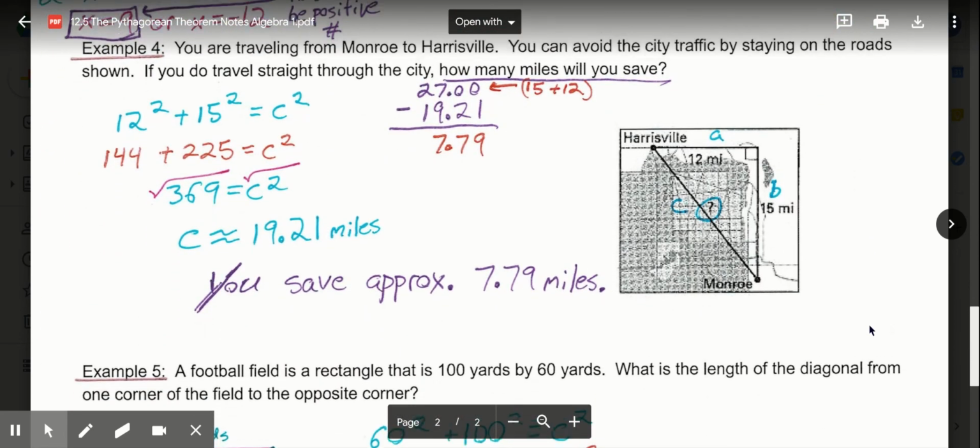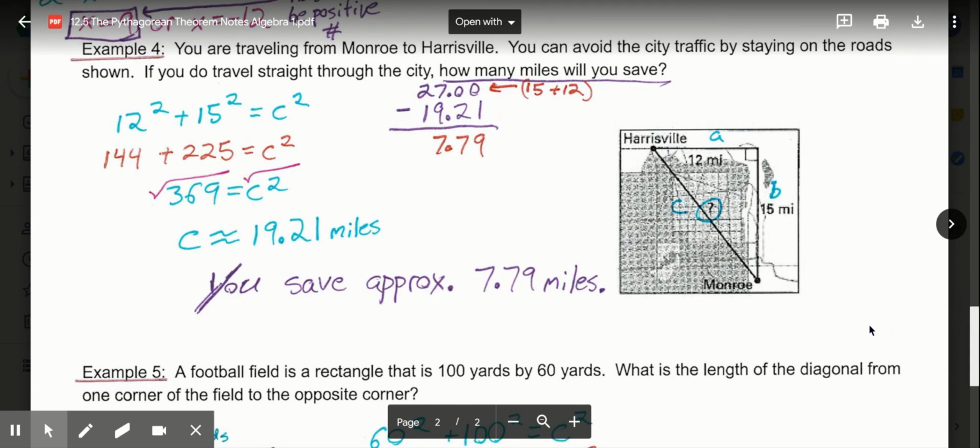And then example 4, a word problem here, says that we are traveling from Monroe to Harrisville. You can avoid the city traffic by staying on the roads shown in the diagram. If you travel straight through the city, how many miles will you save?